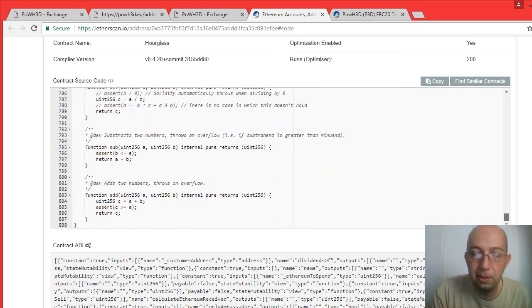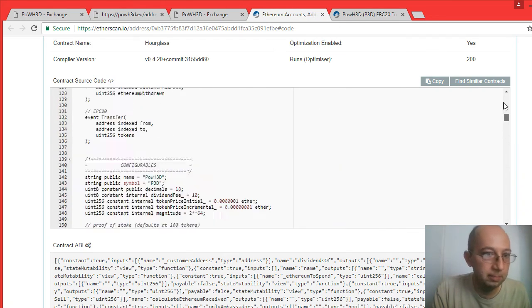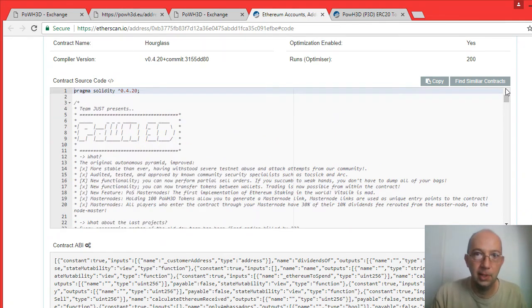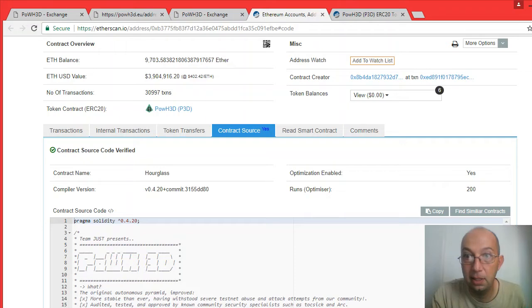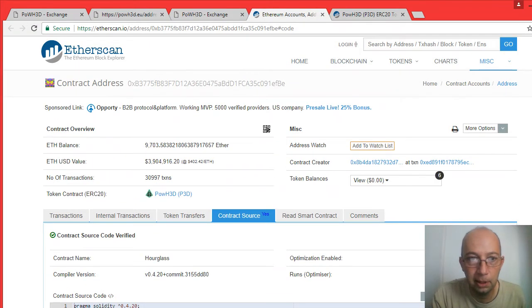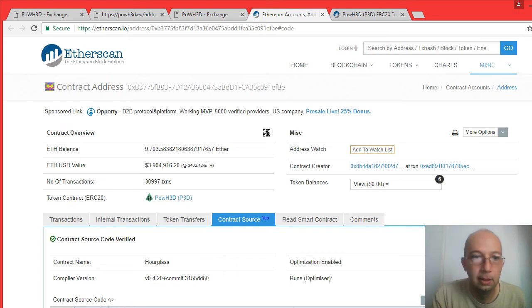It says 808 lines of code, but the truth is about 200 of those lines are just comments and stuff like this, maybe even more than that. It's not a very complicated contract, is the point. It's something you might go over in a level 2 programming class. I mean, it's really not bad.